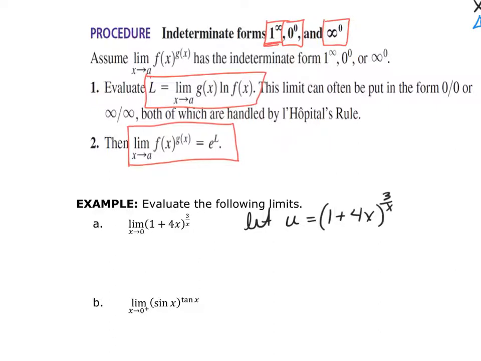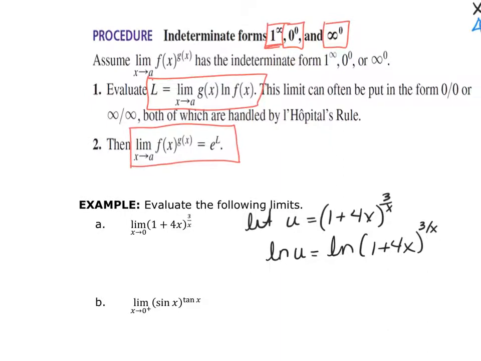And then I'm going to take the natural log of both sides. So the natural log of u is equal to the natural log of 1 plus 4x raised to the 3 over x. And once I've done that, I can use the rules of logs.